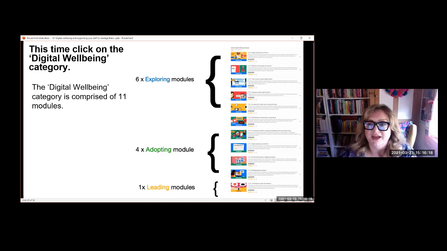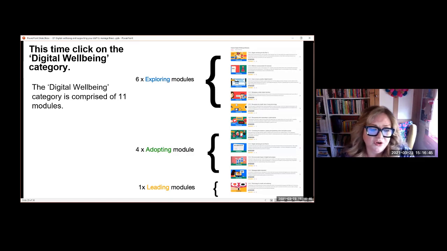You'll be on a page that looks something like the stuff on the right. There are 11 modules within this category: 6 exploring modules, 4 adopting and 1 leading. So there are all different levels and different categories within that.